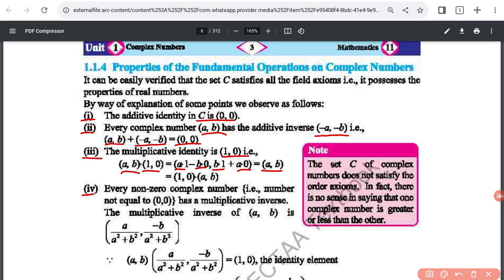The fourth one: every non-zero complex number, not equal to (0, 0), has a multiplicative inverse. The multiplicative inverse of (a, b) is (a over a square plus b square, minus b over a square plus b square). So (a, b) into (a over a square plus b square, minus b over a square plus b square) gives (1, 0), the identity element.